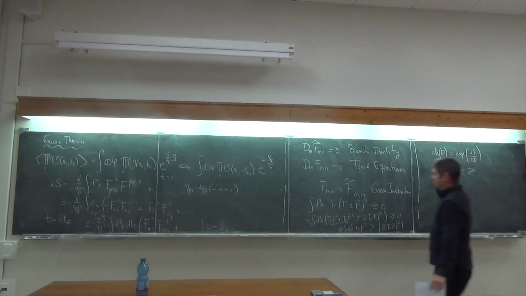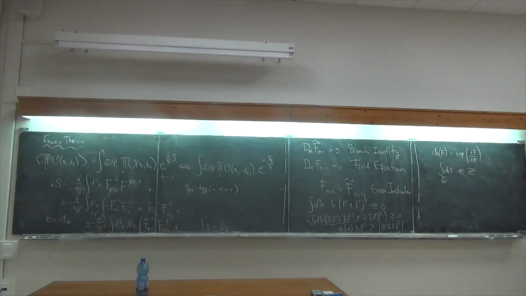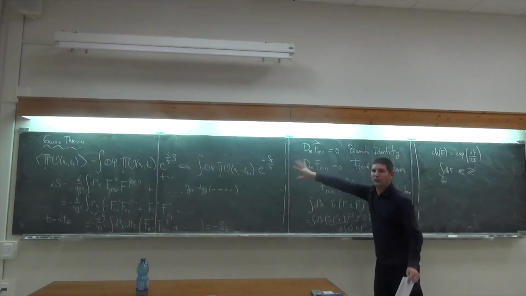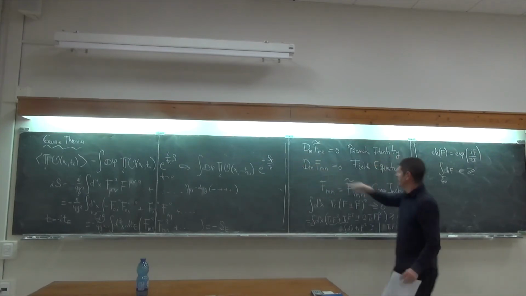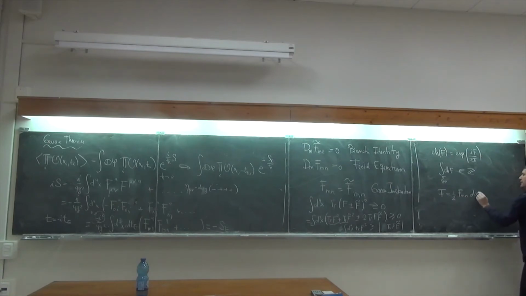Sorry, I should first introduce what F is. There are two languages for F. Until now, I always worked with coordinates, with components. You can write with forms and define F as 1/2 F_mn dx^m dx^n. It's a two-form in the space.